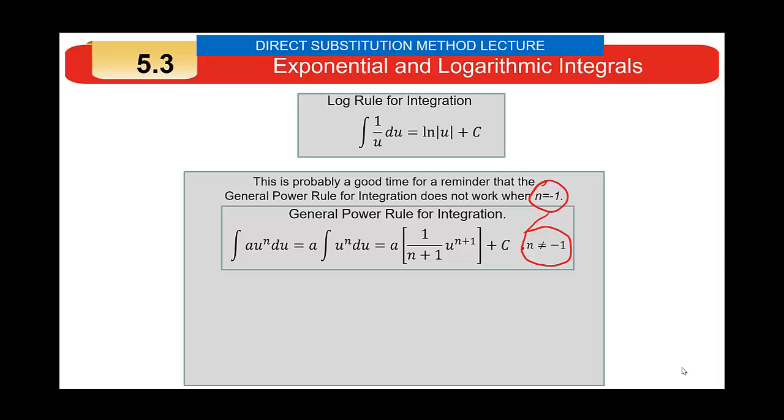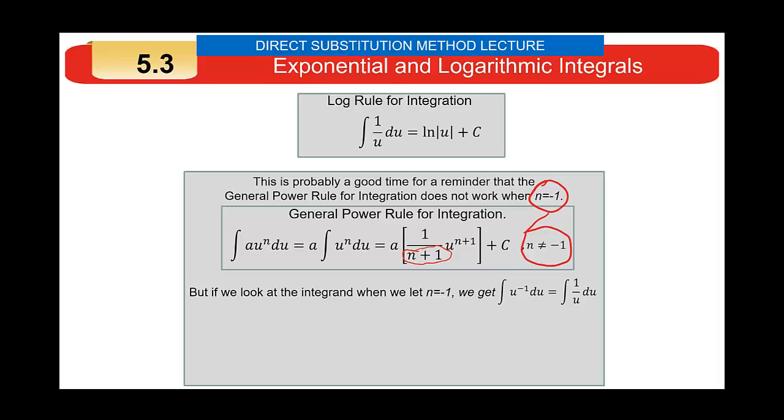The formula says if you integrate u to a power, you increase the power by 1 and then multiply by 1 over that. But notice that if you're multiplying by 1 over n plus 1, that means if you let n be negative 1, you would be dividing by 0.